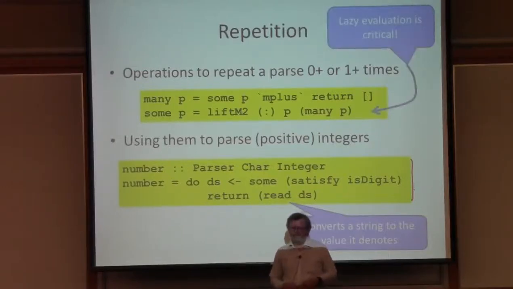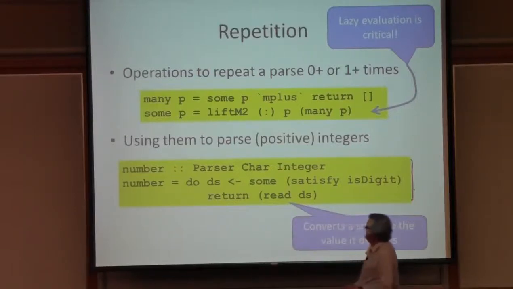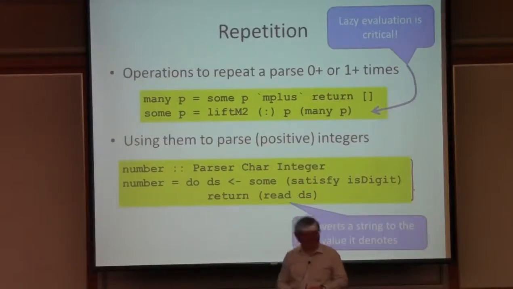And I just want to point out here as well that for doing this part of the programming, Haskell's lazy evaluation is really critical. Why? Well, assume that we were not using a lazy language and look at the definitions of many and some. Many calls some calls many. So that would immediately be an infinite loop.